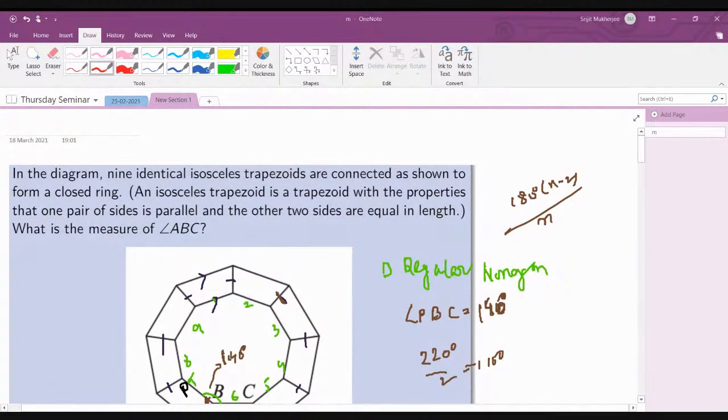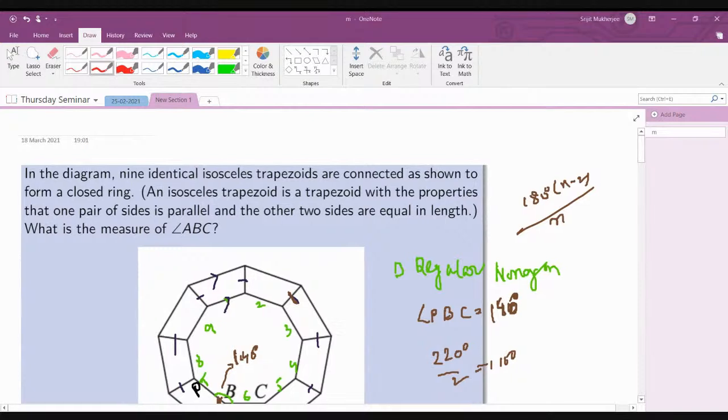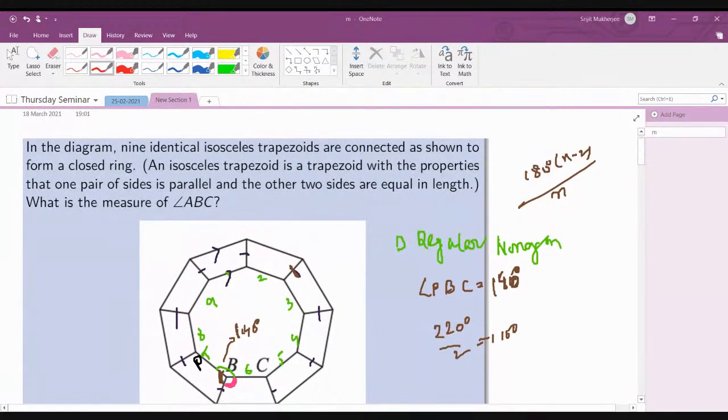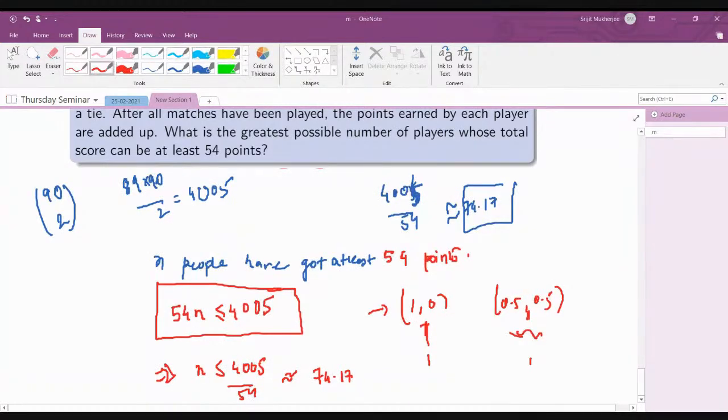So we got that n is less than or equal to 74, and we get the following result: n is less than or equal to 74.